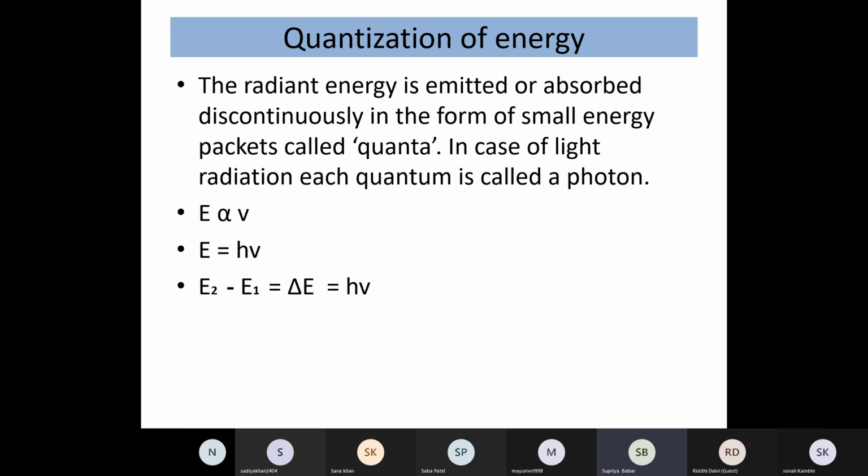First the energy state is E1, and then after absorbing energy, it goes to the E2 state. The difference between them, that is ΔE, is equal to hν. So this energy is also quantized.